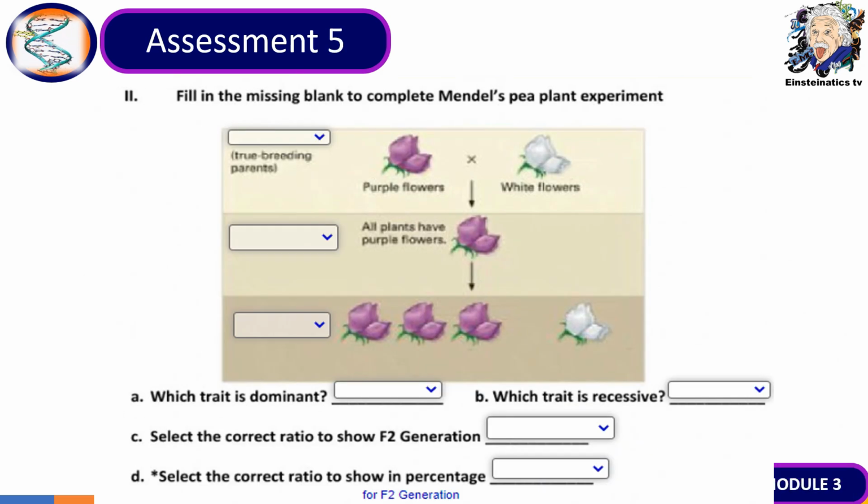For assessment 5, what you will do is you are going to fill in the missing blank to complete Mendel's P-plant experiment. For the first 3, you are going to choose between P1, F2, and F1 as your choices.